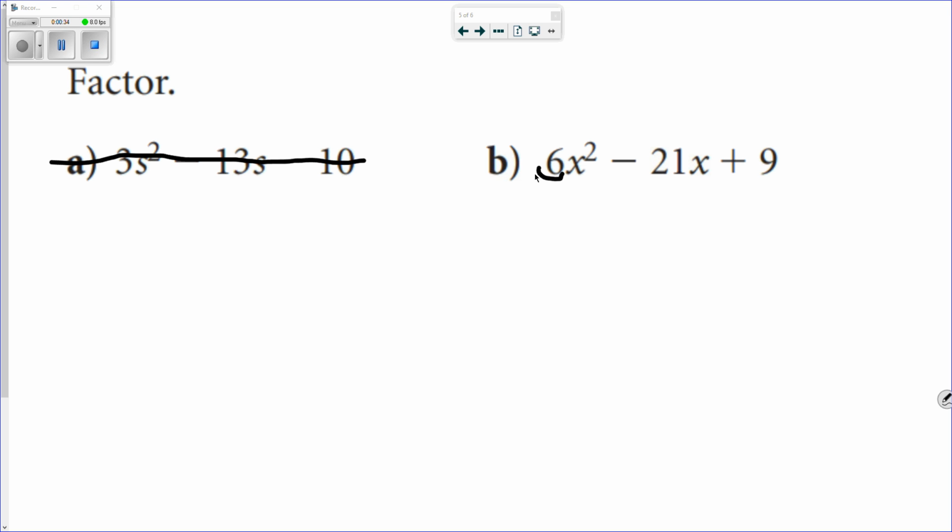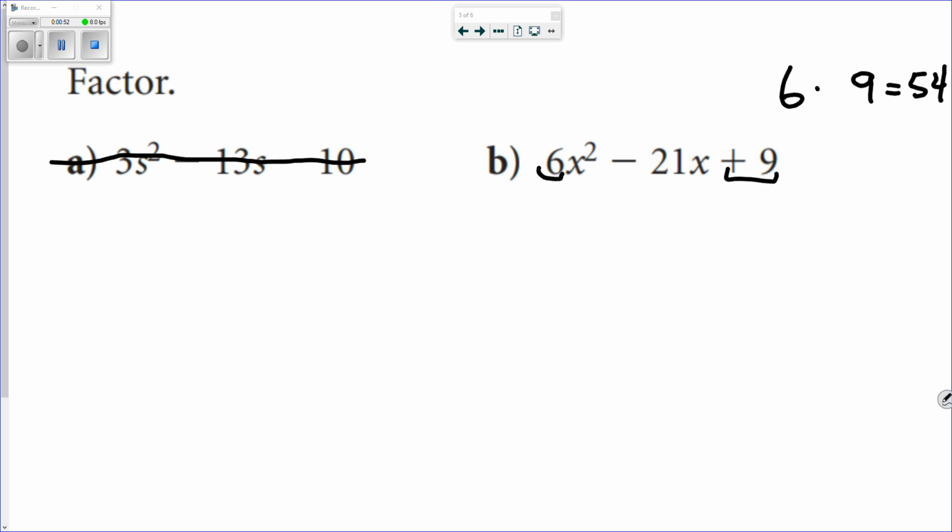So, because we can't factor out that 6, we have to take a look at that 6 and the last number in our polynomial, plus 9. Right? 6 times 9 is 54.